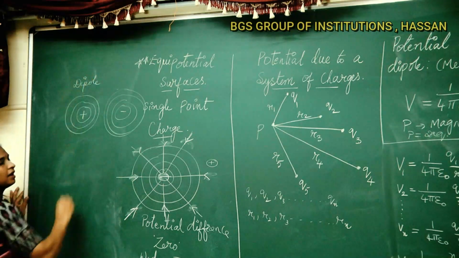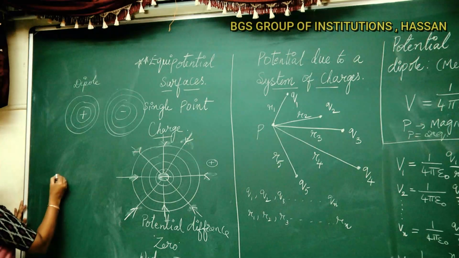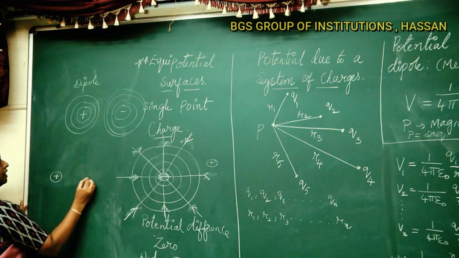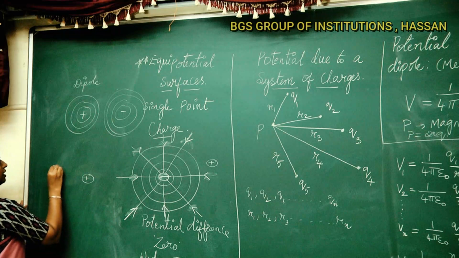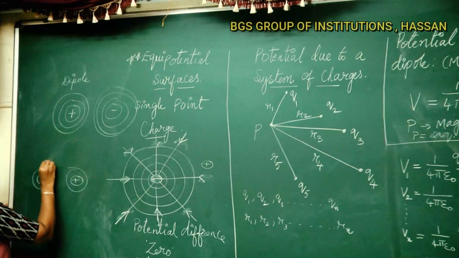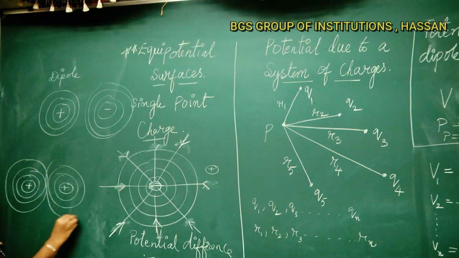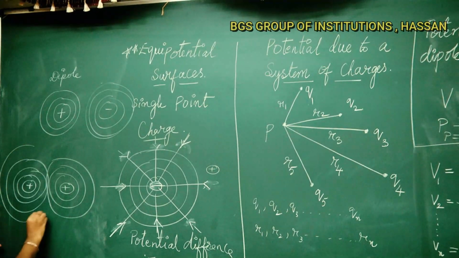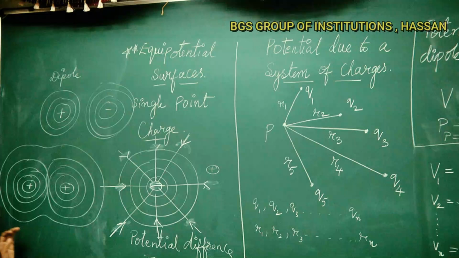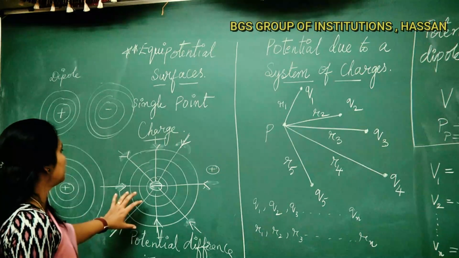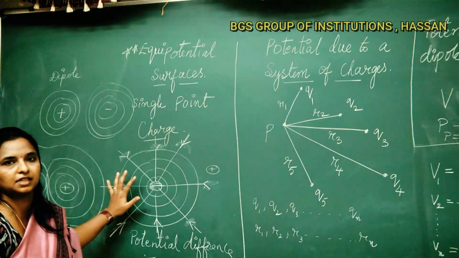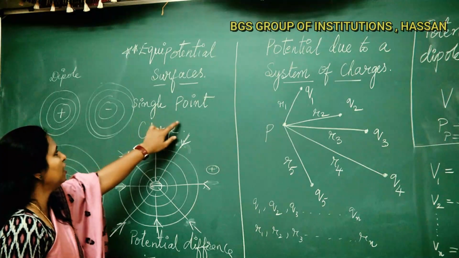And if you consider a pair of equal charges, like charges, say plus, then it is like this. This and all you will get for 1 mark or 2 marks in your annual examination. So these are the equipotential surfaces for a single point charge.